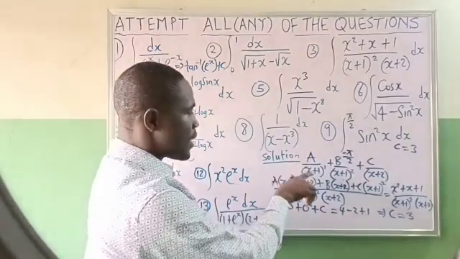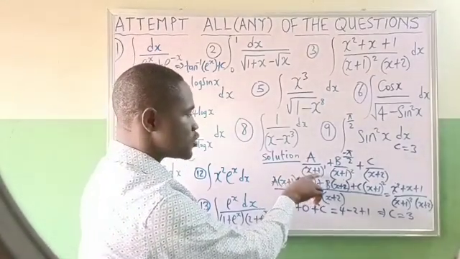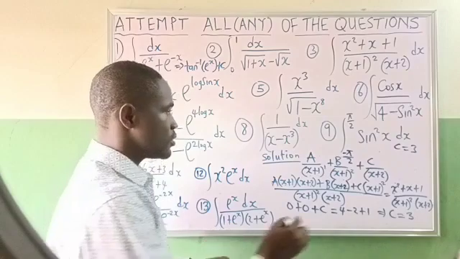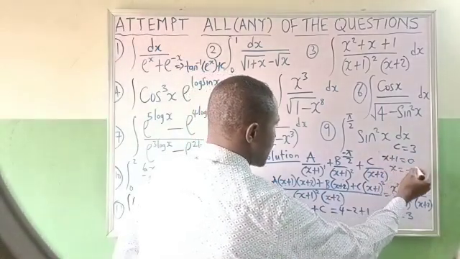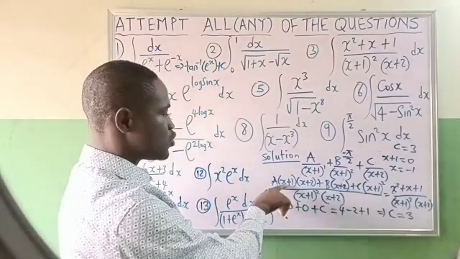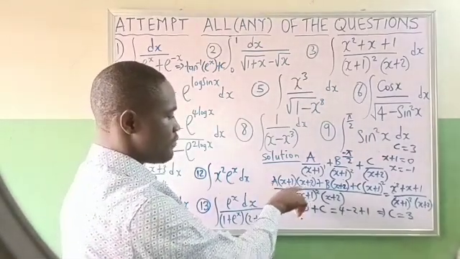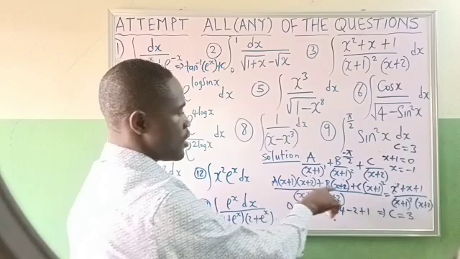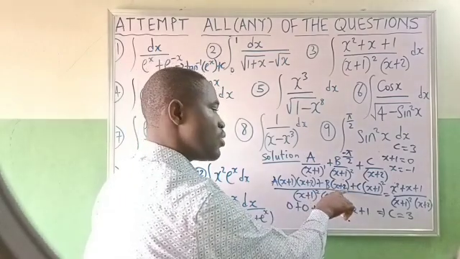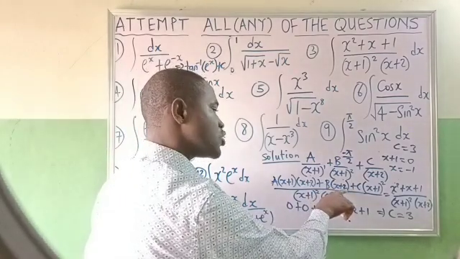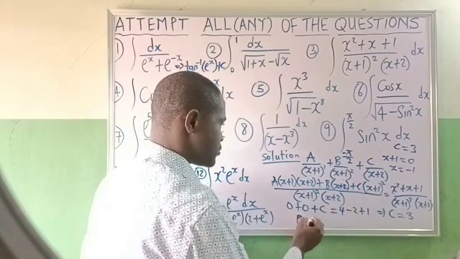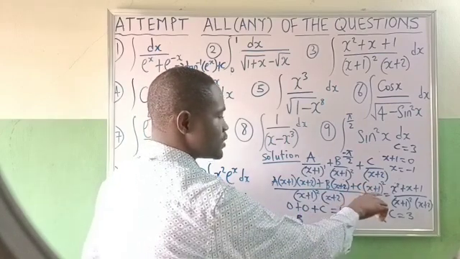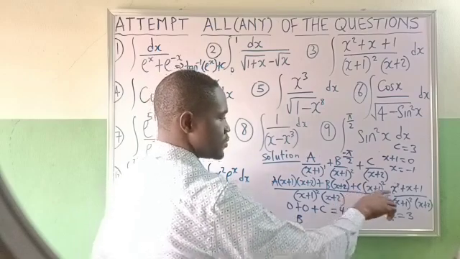Now, to get my B, make x plus 1 equal to 0. My x will be equal to minus 1. Everything with x plus 1 will be 0. Minus 1 plus 2 is 1, and 1 times B is B. Minus 1 plus 1 is 0, so everything here will be 0.